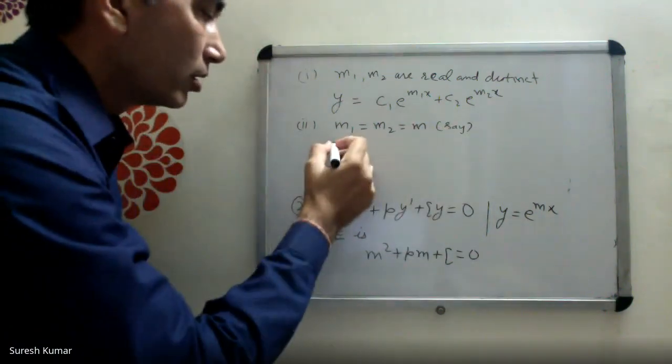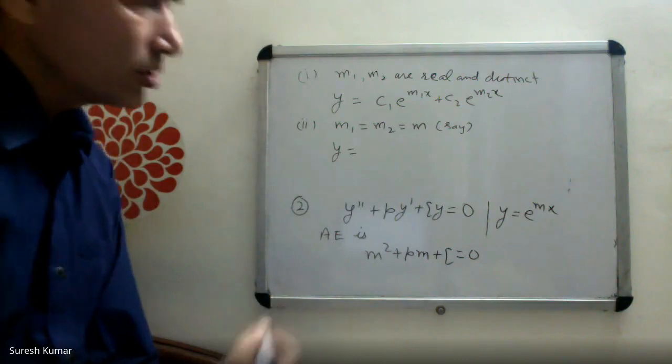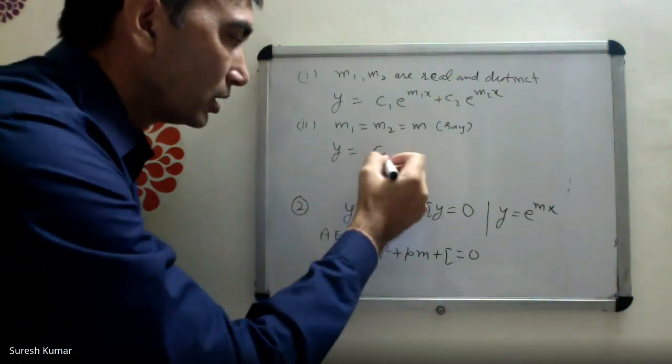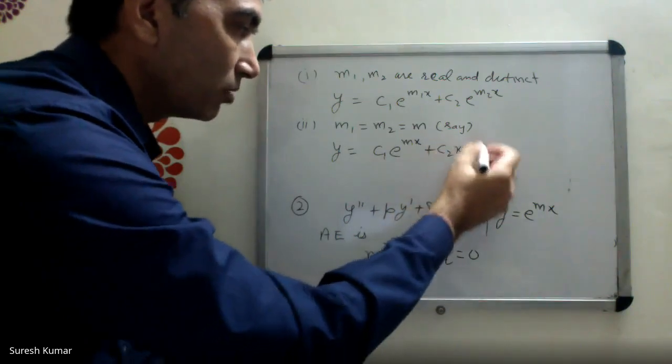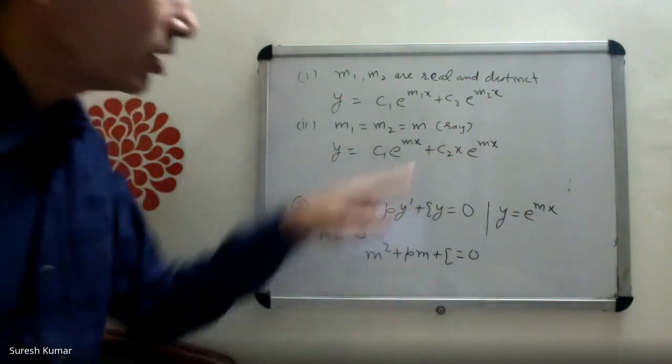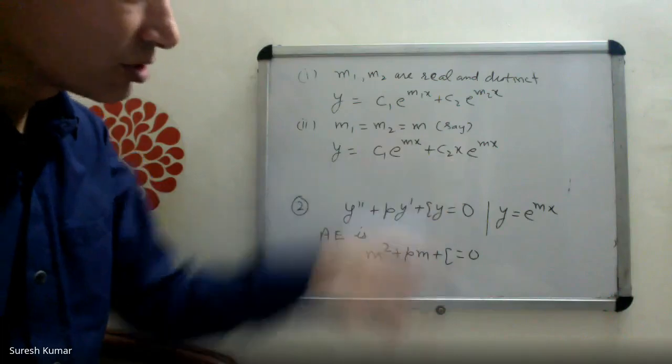Then the general solution is c1 e^(mx) + c2 x e^(mx). For the repetition, multiply by x.